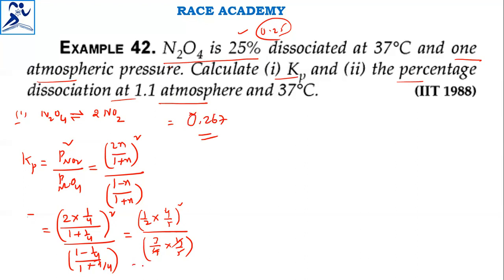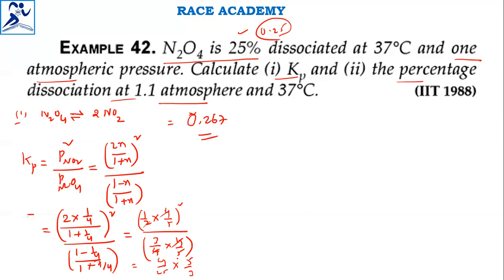As if you do it, what will come here? This is 2 times get cancelled, that is 2 by 5, that is 4 by 25. This simplification is nothing but 3 by 5. 3 by 5 has become 5 by 3 in this case.